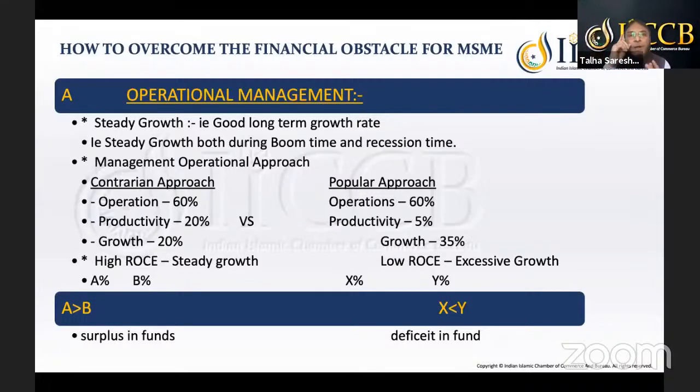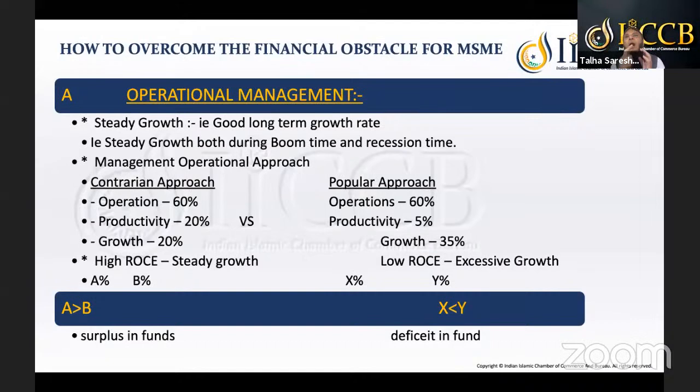So when you have low ROCE, then you will be in deficit in your funds. Your cash flow will be negative, and you will always be in need of borrowed funds. On the other hand, if you take a contrarian approach, your return on capital employed will always be high, because you are going for a steady growth and you have that surplus amount, you are not borrowing.